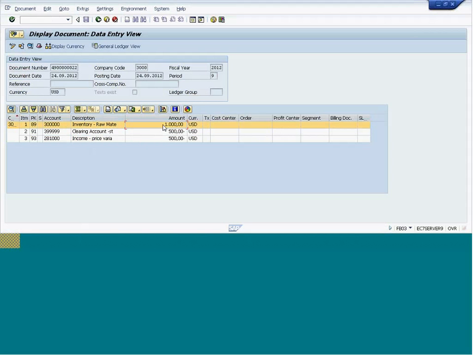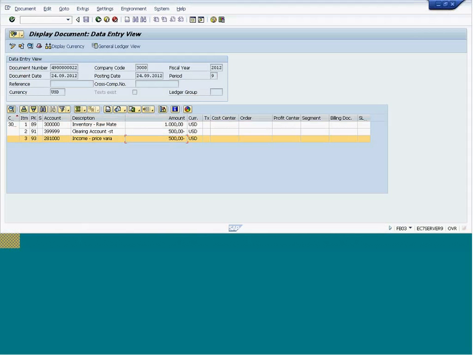In real time, what happens? Every month, accountants will look at the value of this price variance. Ideally, it should be zero, because you should not have any variance. But if there is a variance, they have to adjust their inventory value by that amount.